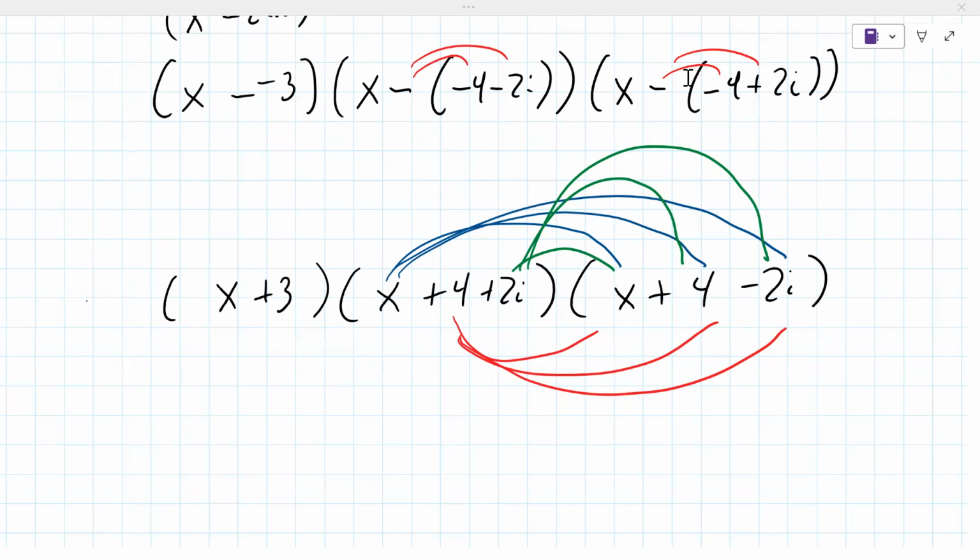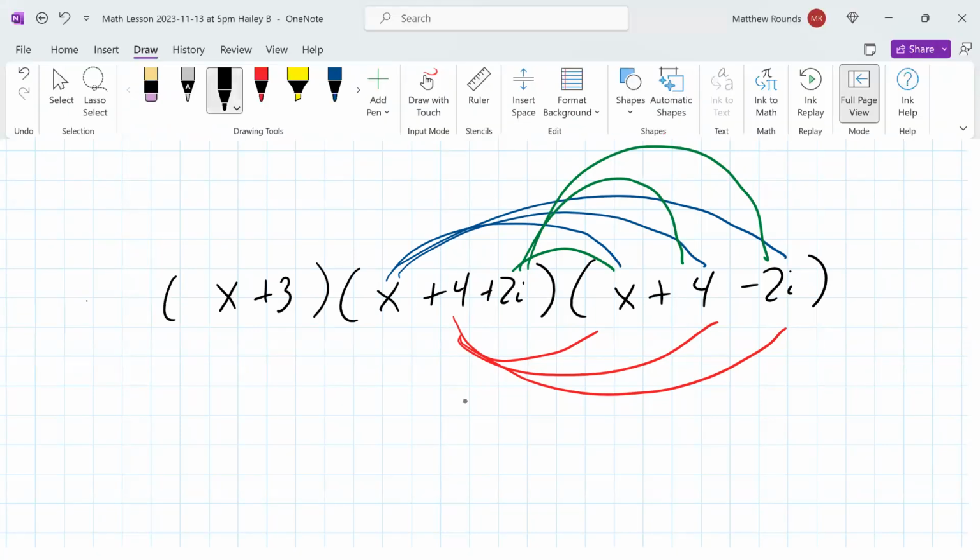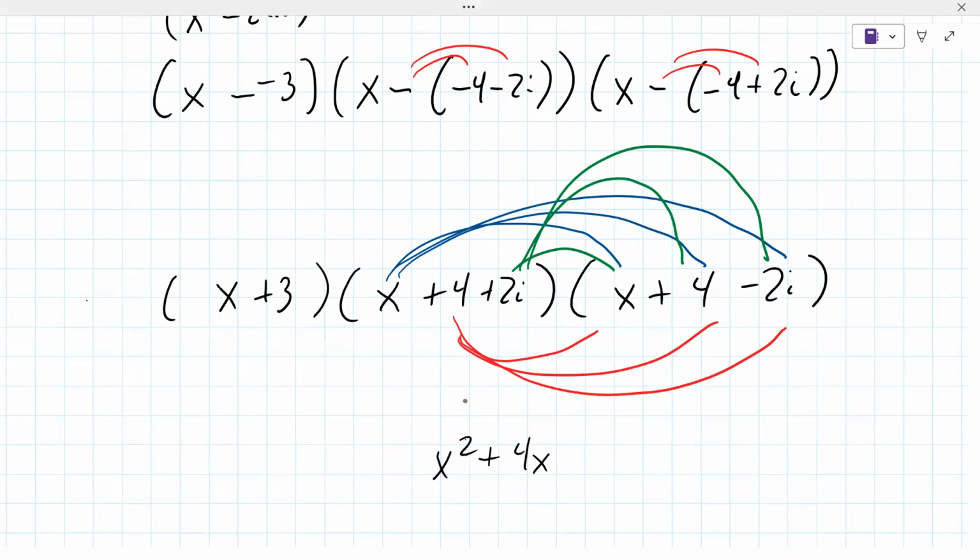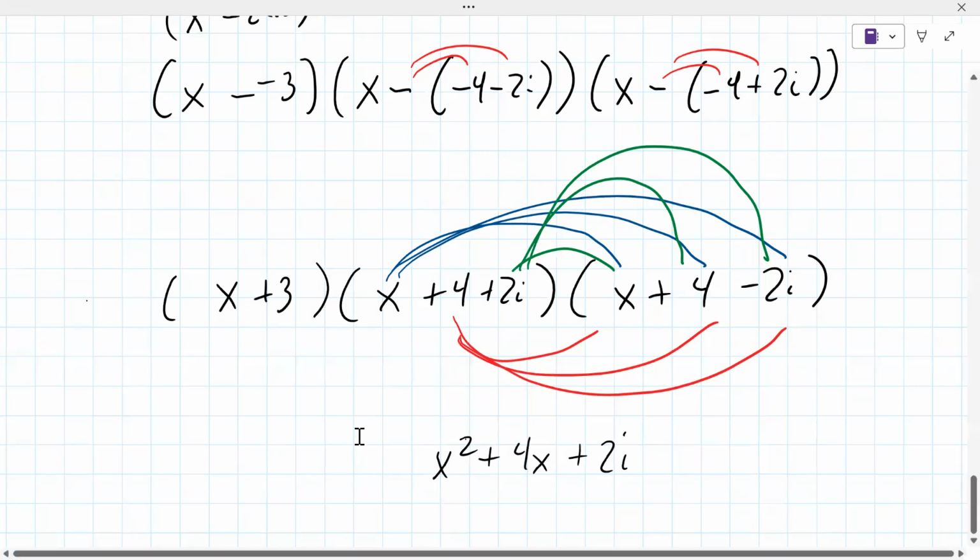So is it x squared plus 4x plus 2i or minus 2ix plus 4x plus 16 minus 8i plus 2ix plus 8i.